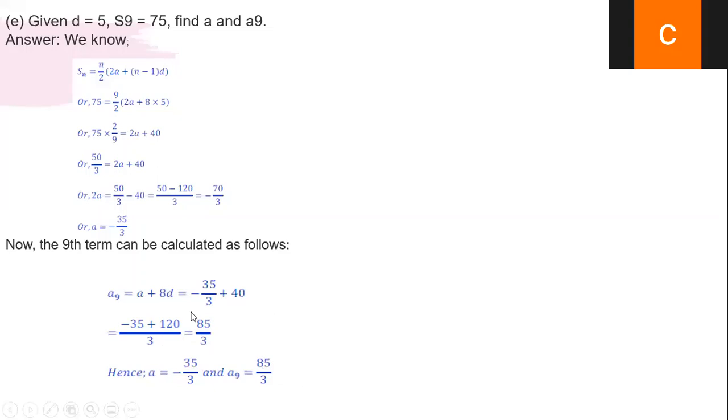Yes, n value 9 and Sn value 75. If you apply those values, you'll be getting a value minus 35 by 3. So they're asking us to find a9, the nth term of an AP. So a9 means it is a plus 8d. We know the a value, we know the d value. Apply those values, take LCM. We'll be getting the nth term of an AP as 85 by 3.